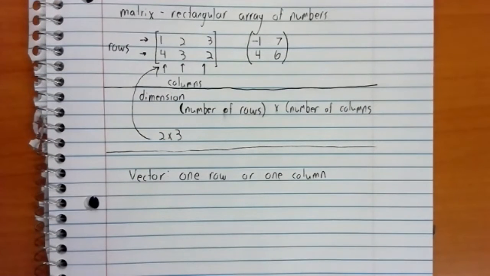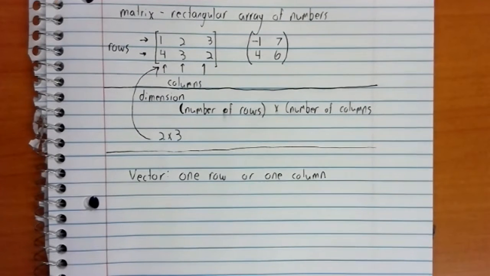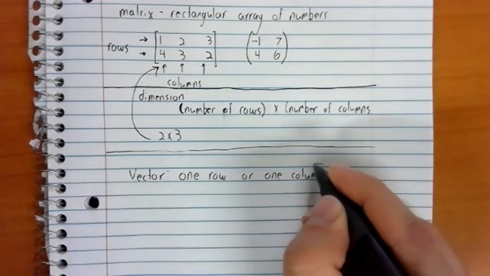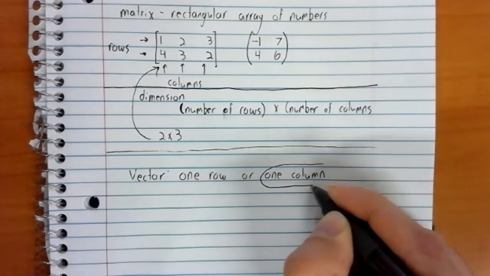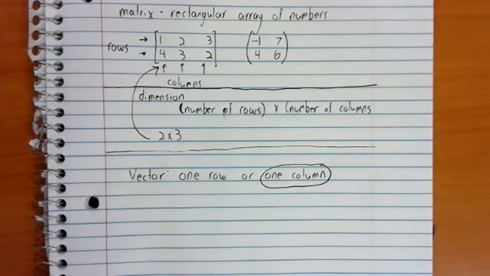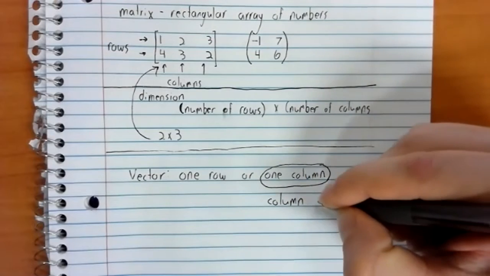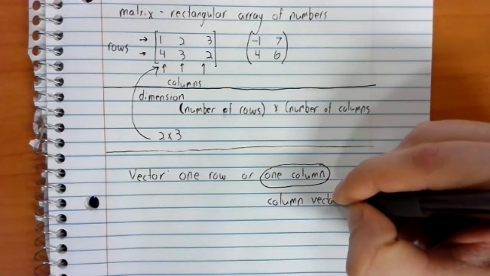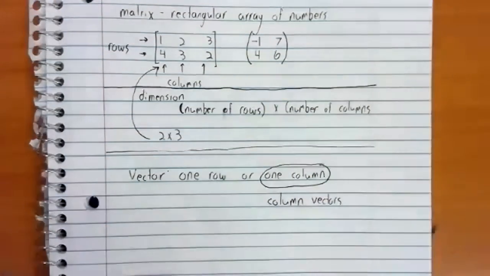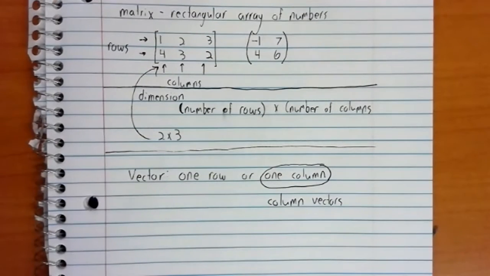In most fields of mathematics, including differential equations, we more or less exclusively work with vectors of one column, called column vectors. The main exception I can think of to this is probability, where row vectors are common.